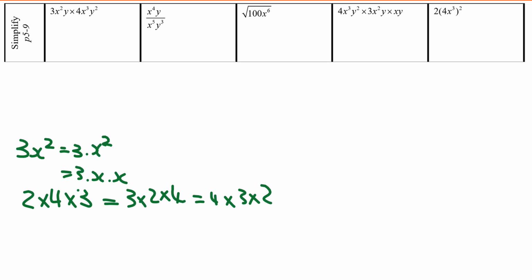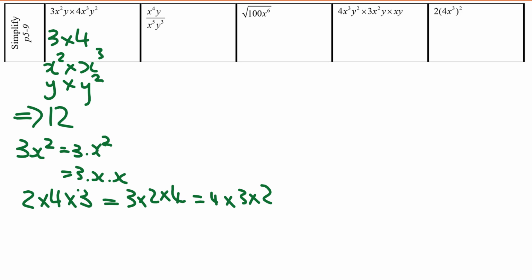So up here, it doesn't matter that we're going 3x squared y times 4x cubed y squared. What matters is that we're actually going 3 times 4, x squared times x cubed, y times y squared. 3 times 4 is 12. x squared times x to the power of 3 is x to the power of 5. y times y squared is y to the power of 3.